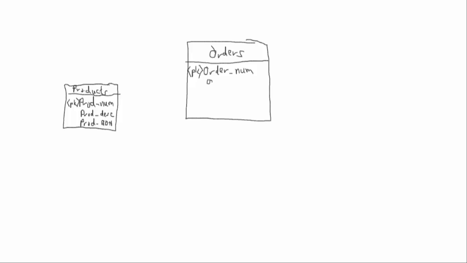We've got the order date. We've got the customer who's ordering. That's going to be a foreign key. And we may have the order total.